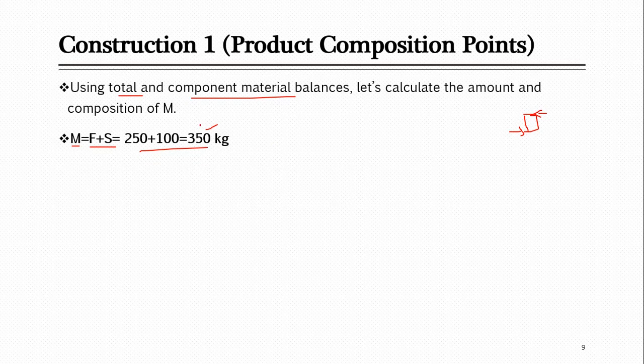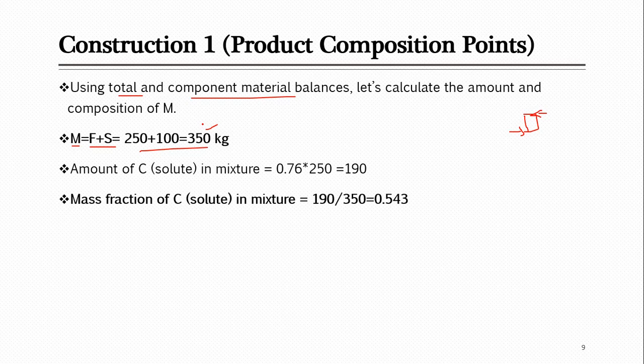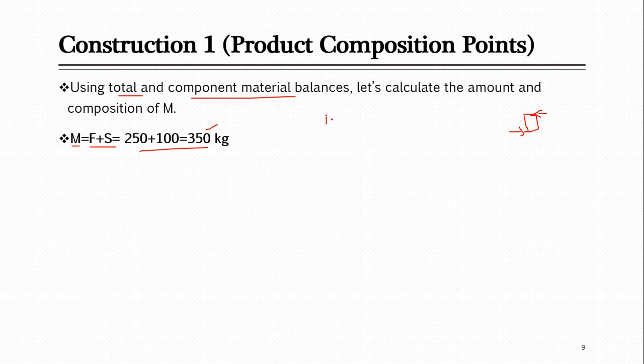Now after this we are also looking for the composition of M, because we have to locate point M inside the triangular diagram. In order to locate it, you should know the composition. M is the mixture of feed and solvent, so M will contain A, your solute, C, the carrier, and it will contain S coming from the solvent.